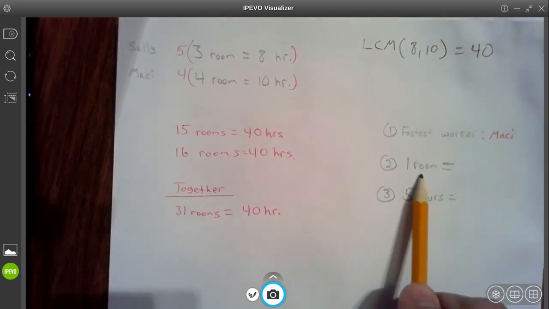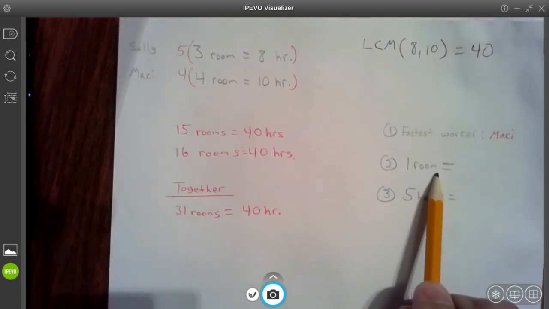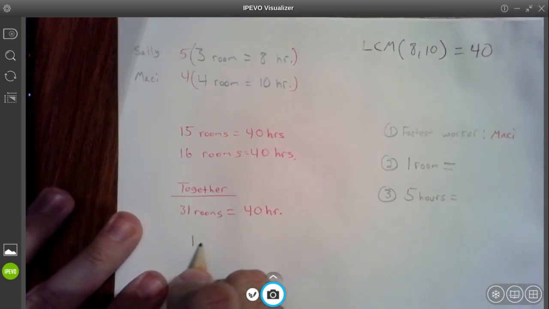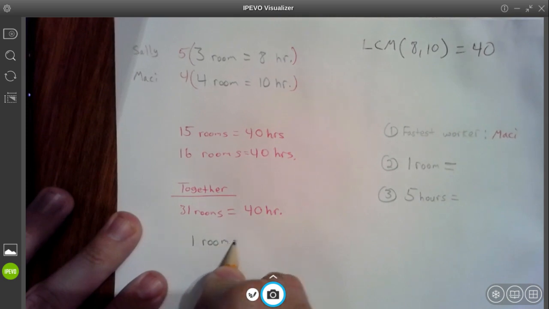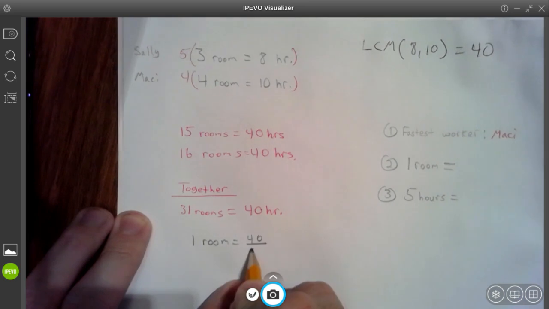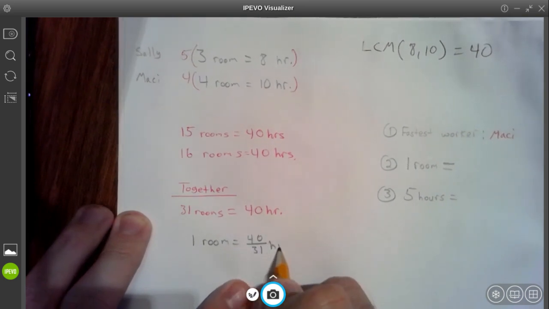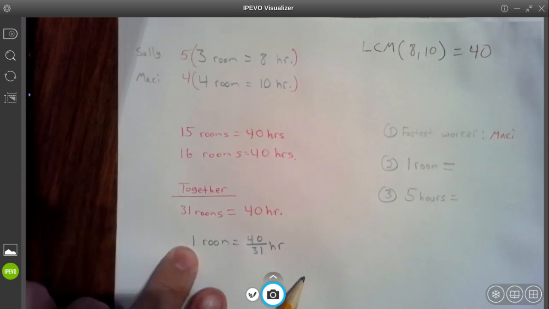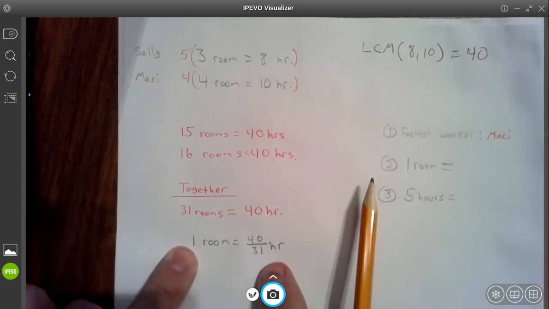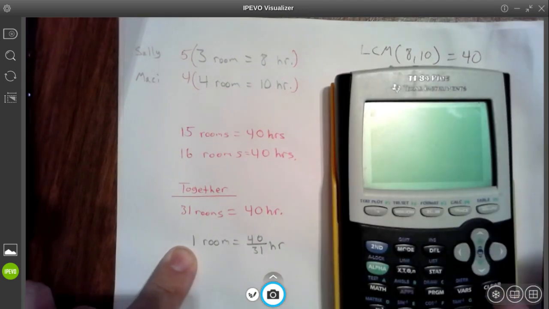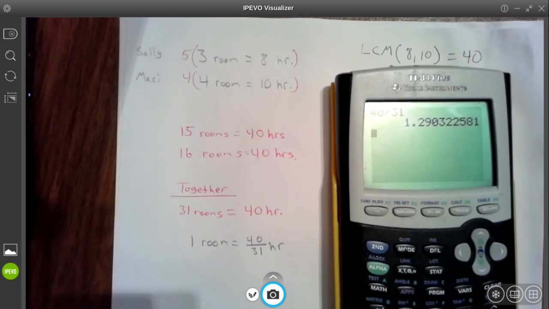Since we want to know what it takes to do one room, I'm going to take this equation and solve for one room. That's just going to be 40 divided by 31. I'm dividing this part by 31 so that I get one room, and so I have to do 40 divided by 31 as well. 40 divided by 31, that's my answer in hours.